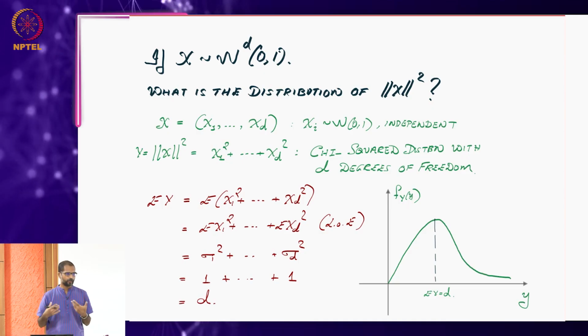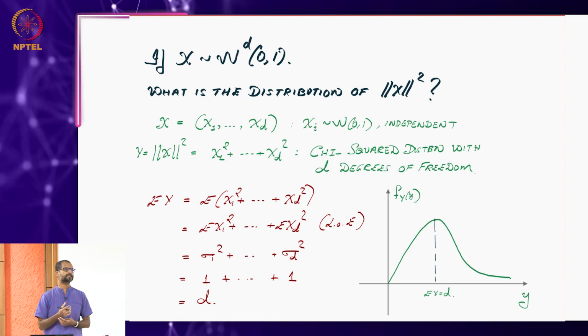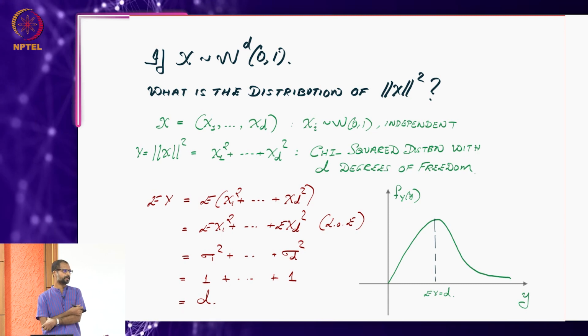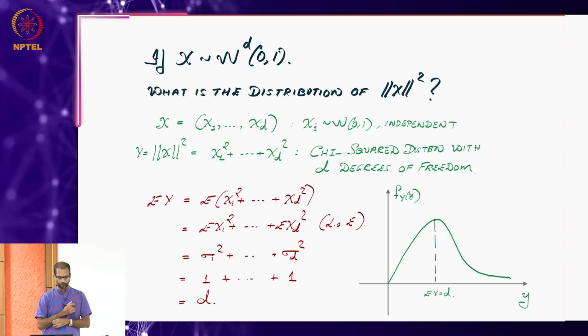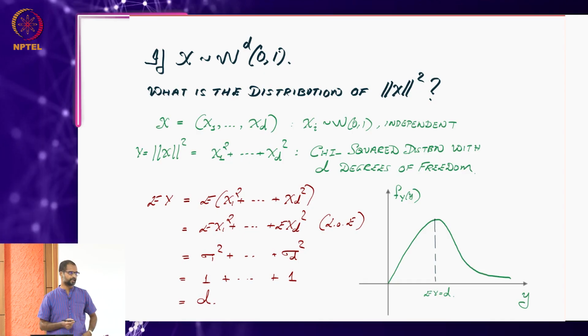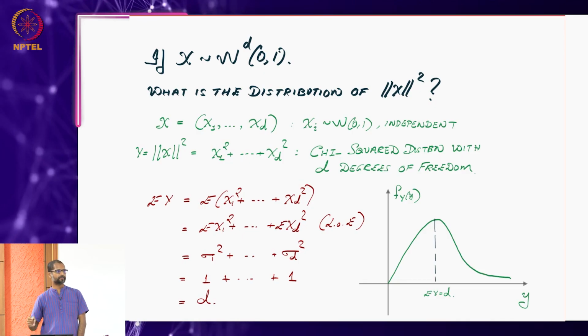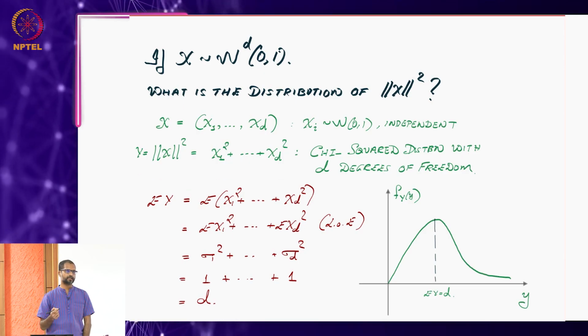So when you are faced with a new random variable, often the easiest statistic to study is its expectation, its mean. So let us start with that. If you analyze the expectation of this norm of x squared, which I represent as another random variable y, that is easy because it is a sum, and expectation has this property called linearity of expectation.